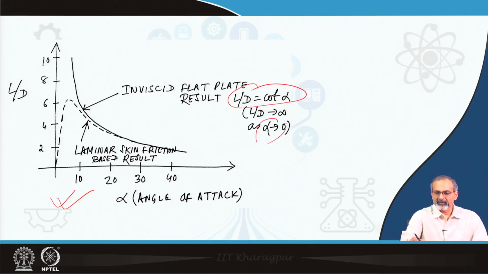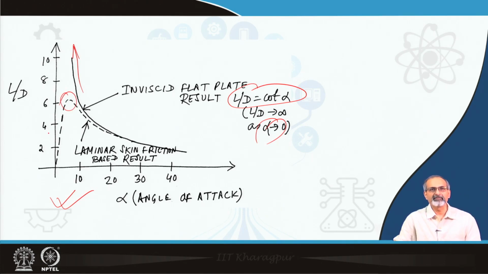So, the inviscid result says that as alpha tends to 0, the L by D rises towards infinity. However, the reality is that if you include the skin friction, then there will be a maximum L by D at a small angle of attack, and then it dips down to 0 as alpha tends to 0. So, this is the connection between the theory and the reality.